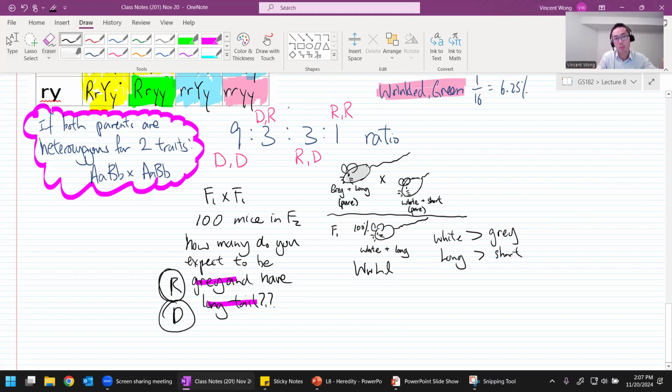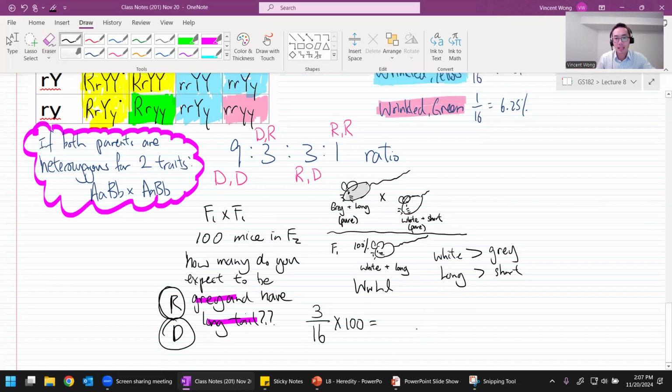If we are asking for dominant and dominant, then the number is 9. So dominant and recessive, it's 3, which means it is 3 out of 16. That's the expected ratio. And then you want to times 100, not 100%, because there are 100 mice in the litter, right?